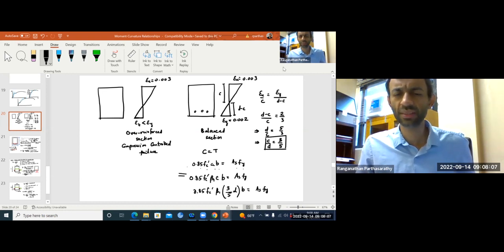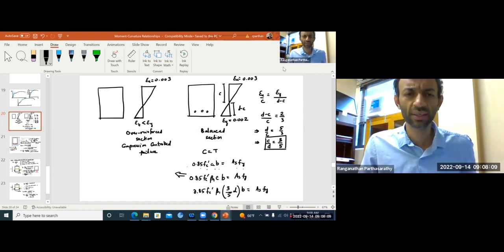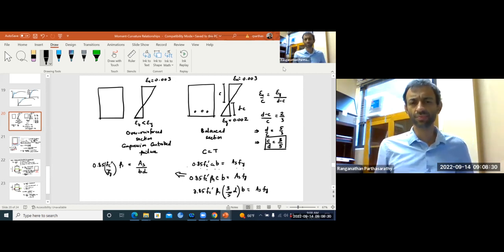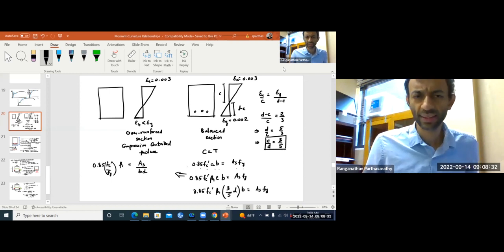Now you rearrange this, you will get 0.85 fc prime over fy times beta 1 is equal to As over b d. Is it clear?